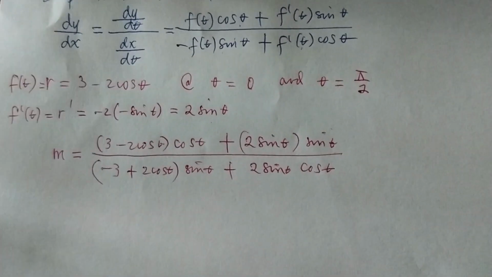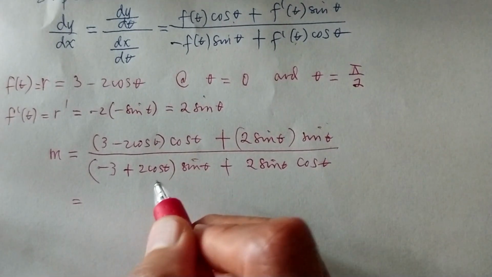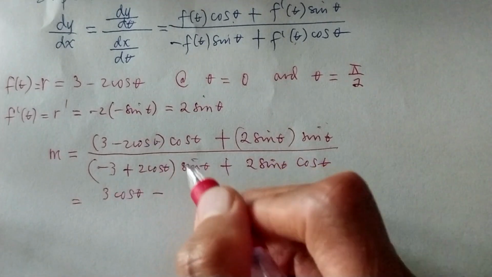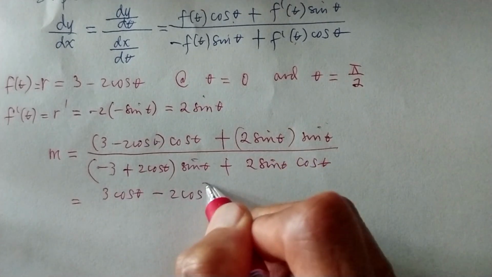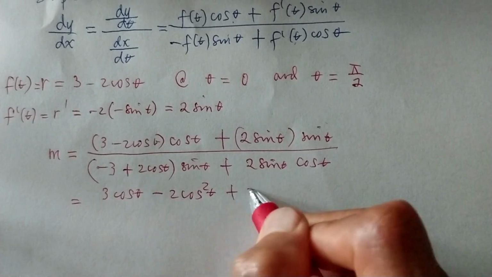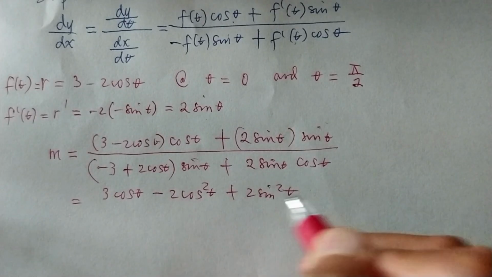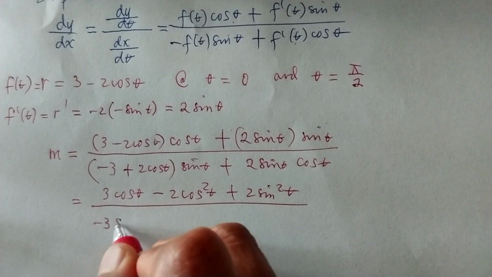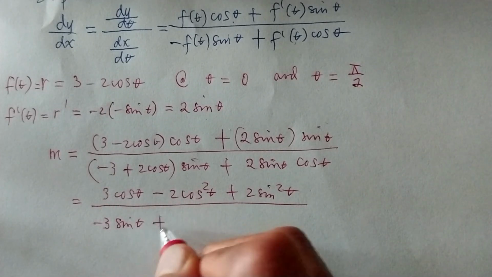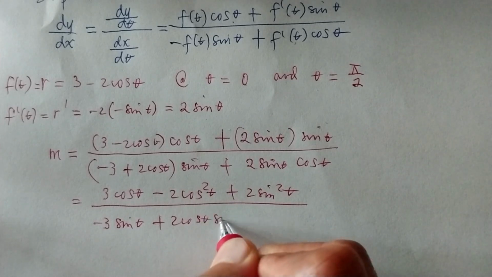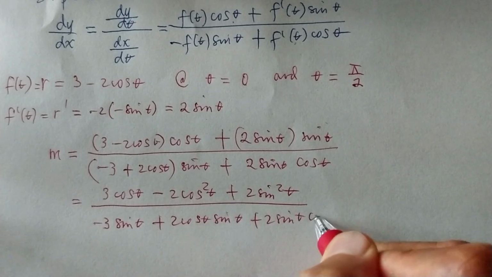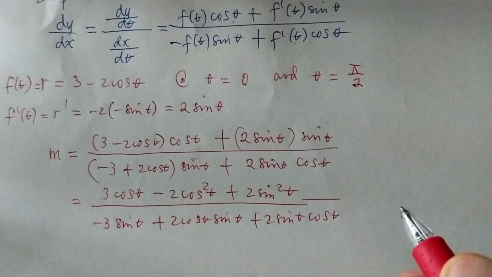Simplifying our derivative, we should get 3 cosine theta minus 2 cosine squared theta plus 2 sine squared theta. This will give me negative 3 sine theta plus 2 cosine theta sine theta plus 2 sine theta cosine theta.